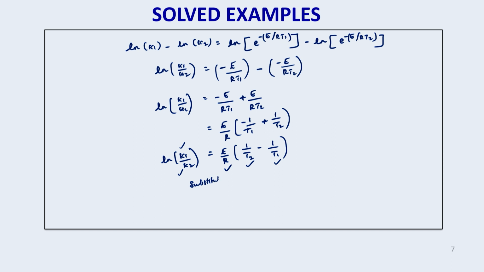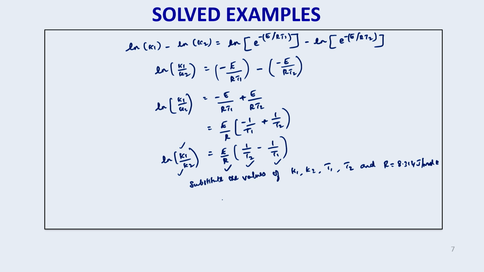Substitute the values of K1, K2, T1, T2 and R. R is equal to 8.314 joule per mole Kelvin, that is a standard value.